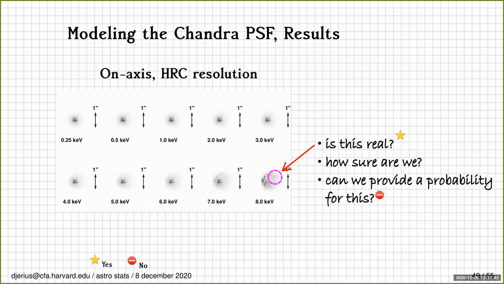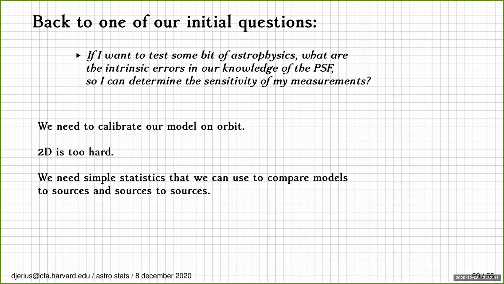We believe it is because we trust our models at that level, but we can't put a probability on that. If someone says there's this bump in my image, is it due to that? Is that real? We can't provide any sort of probability. We can say yes, we think it is, but we're not quite sure it's at the right level. So there's a lot of ignorance there.